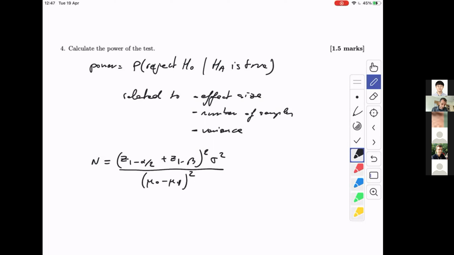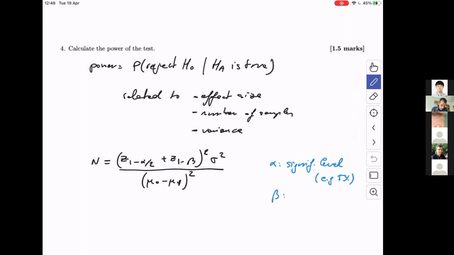And what does all of that mean? So let me take another color. So here alpha is your significance level, so for example, 5%. Beta is your power.